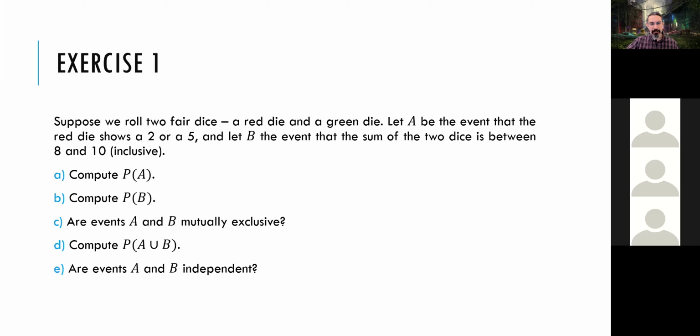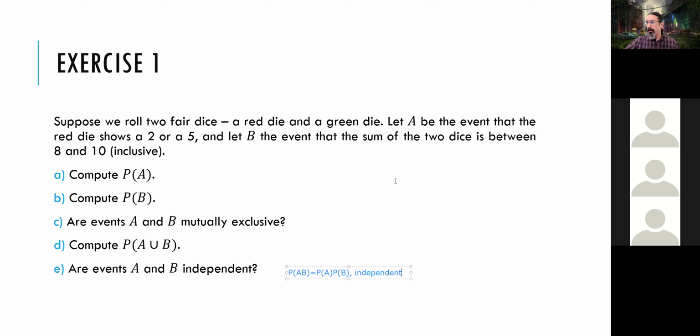And the last question is, are events A and B independent? Now, we haven't seen independency yet, but if we know the formula, we can just calculate it very easily. Independency comes from here. We say that if this is equal to this, then it's independent.